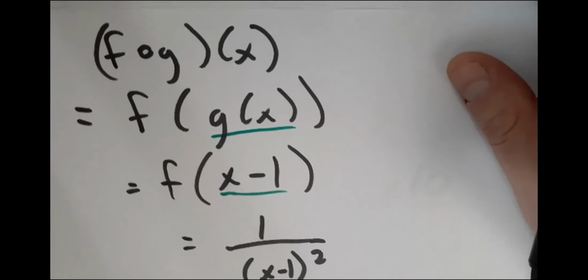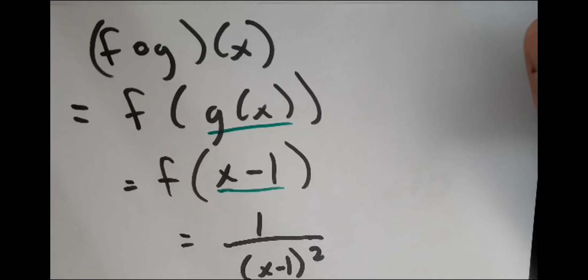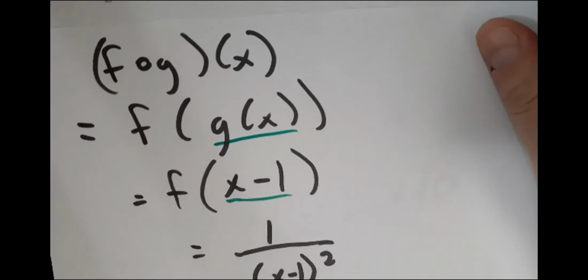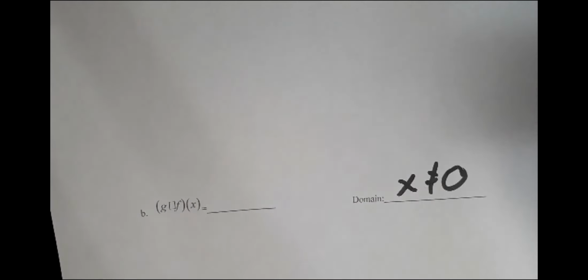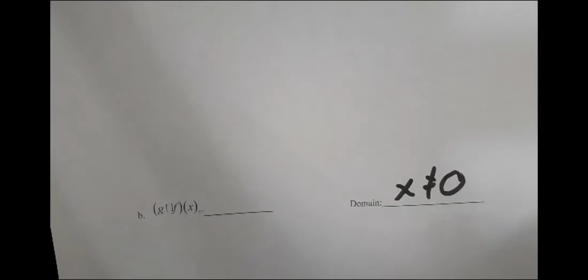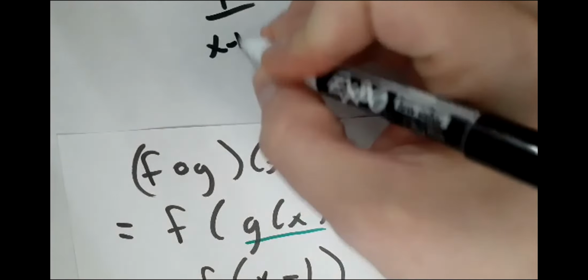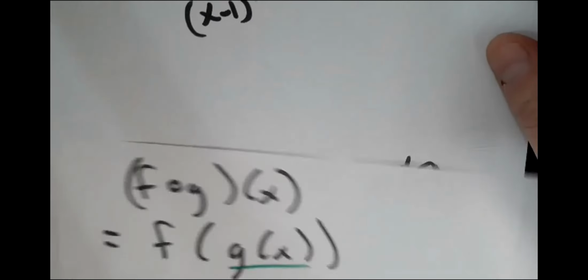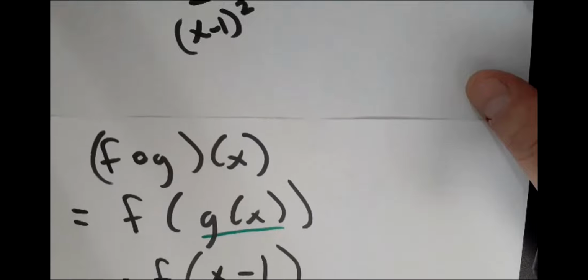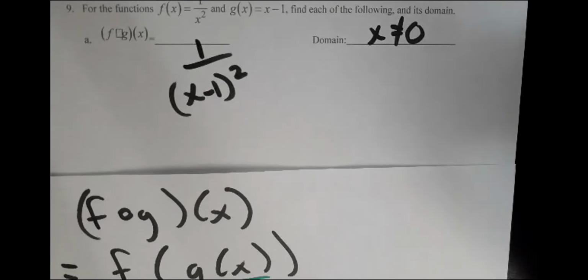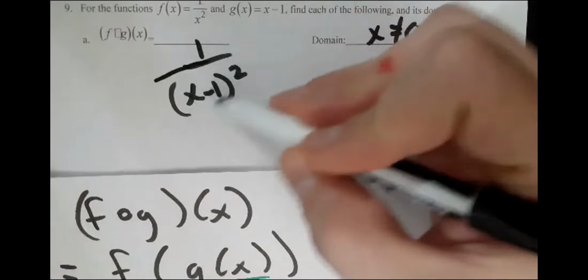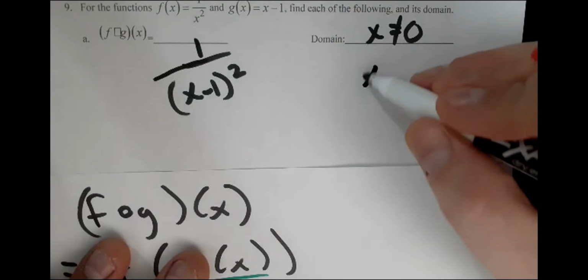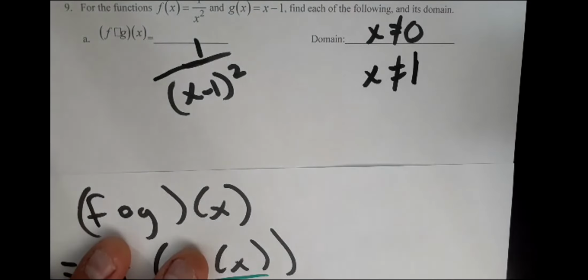The other thing I want to check for is, okay, I have 1 over x minus 1 squared on this one. So the other thing I want to check for is this one. So if I'm looking at the domain restrictions on this one, it's going to give me x cannot be 1.